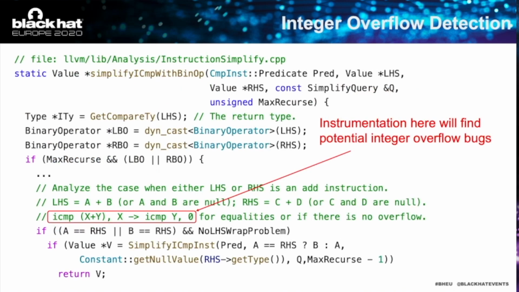How does this happen? In LLVM, when x plus y would be integer overflow undefined behavior, the comparison between x plus y and x can be simplified to a comparison between y and 0. If we add instrumentation here, we can find potential integer overflow bugs.